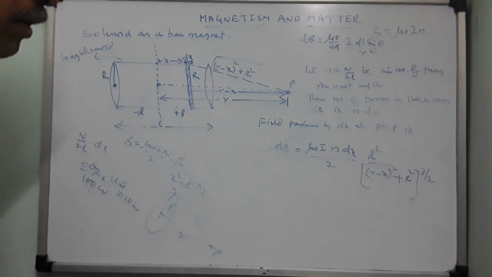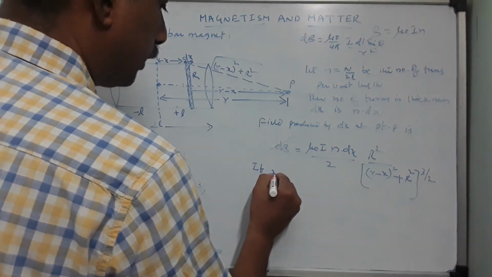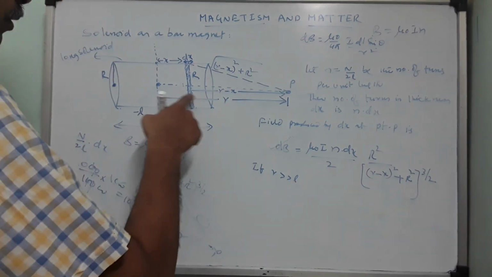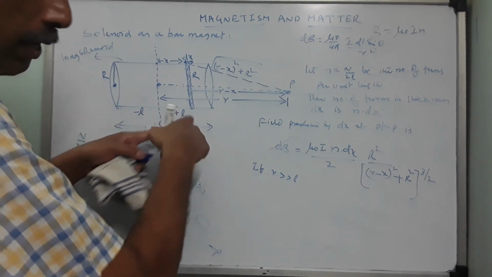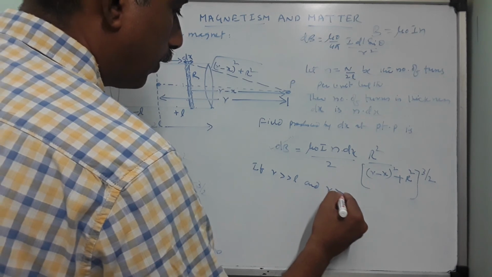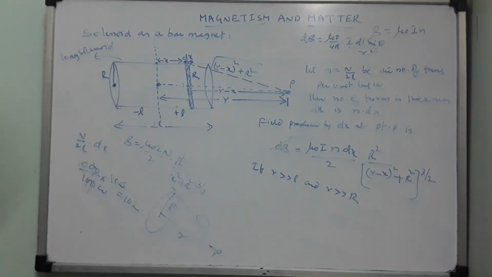Now if r is very much greater than L, so compared to this point P the length is smaller, and r is very much greater than capital R, that is the radius of the solenoid, then what will happen?